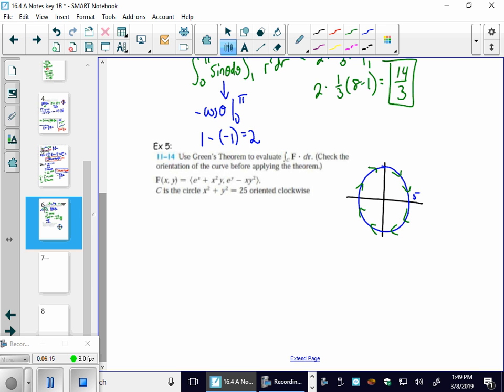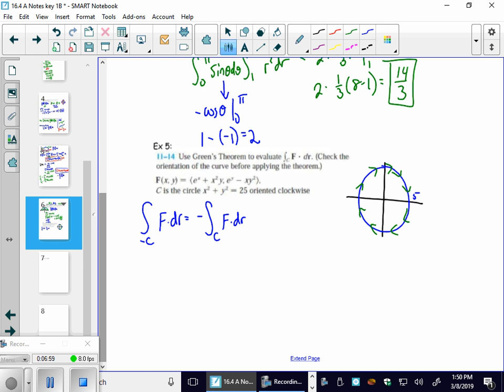Well, that's backwards. We don't want it to be going that direction. So C is actually going in the wrong direction. So remember that if we have the line integral over a C which is going in the opposite direction of F dot dr, we can say that that's the same as the negative integral of C in the correct direction of F dot dr. So in order for me to change this into the correct direction, what we needed to do is change the whole integral to negative, and now the C is going in the correct direction.